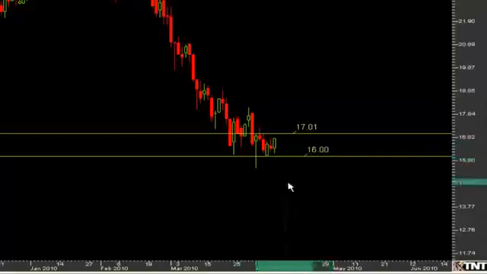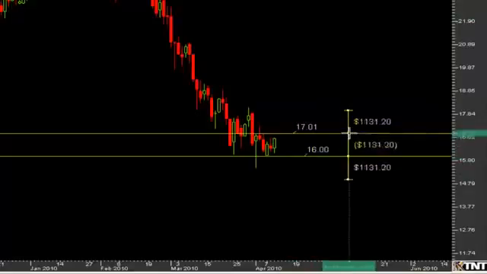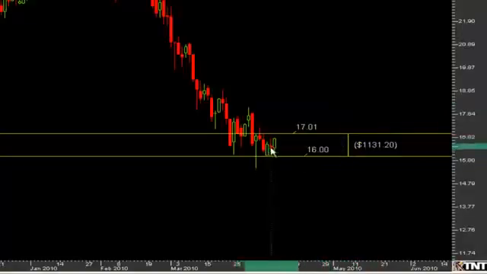So that makes a big difference because our risk is considerably more. I'm just trying to get you a rough idea here. Our risk is considerably more using this breakout technique.